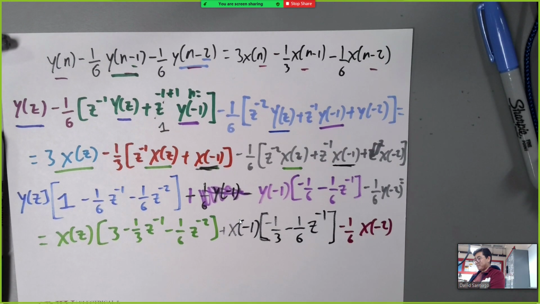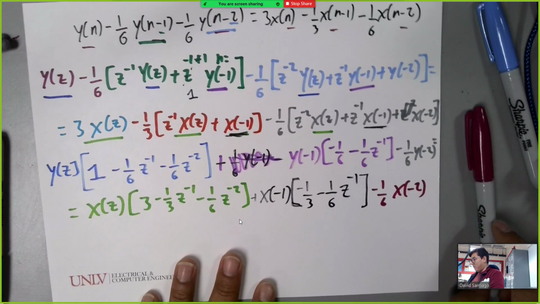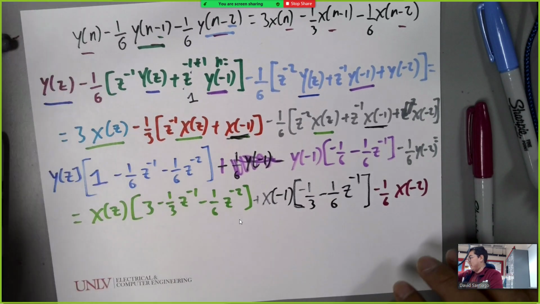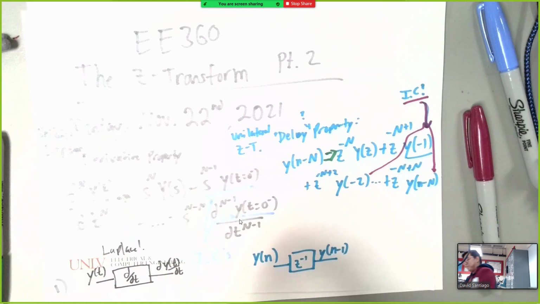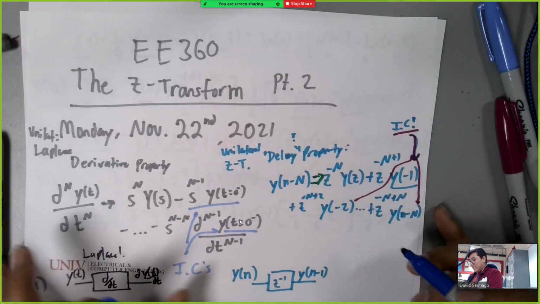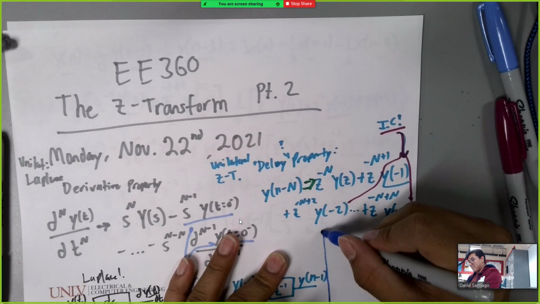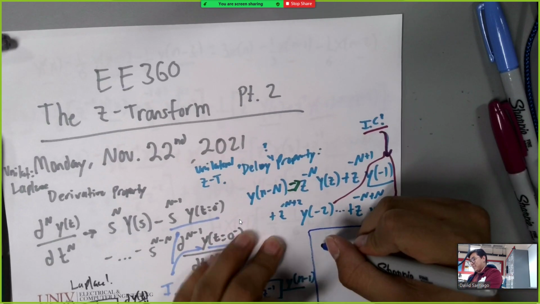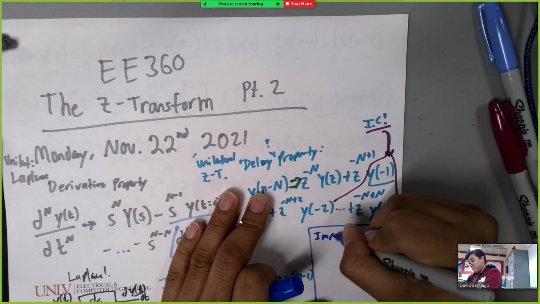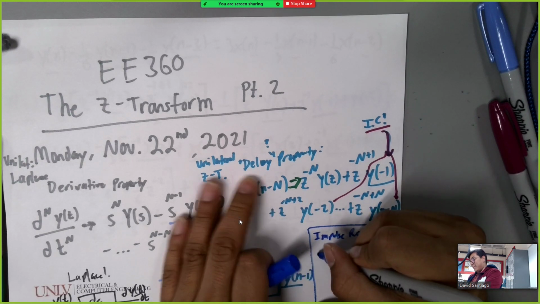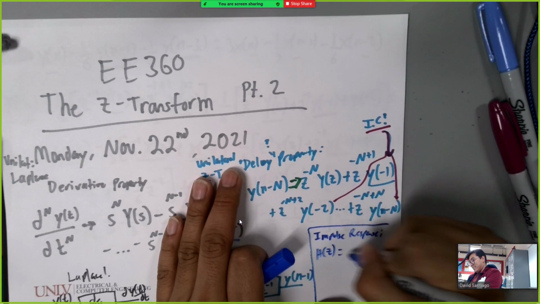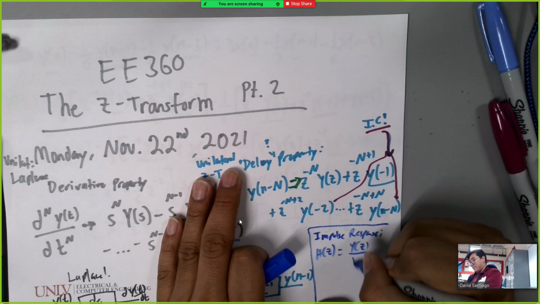Cool? So then there's one more thing I kind of had to explain from the beginning, or maybe you guys already caught it, but the impulse response is defined as h of z is equal to y of z divided by x of z.